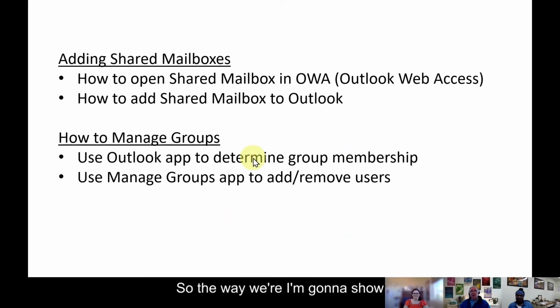I'm going to show you how you add a shared mailbox, both in Outlook web access and then within Outlook. And also, if your IT pro says, yes, I will train you to do this for your department or group, I'll show you how you can manage groups. It's simple to do.